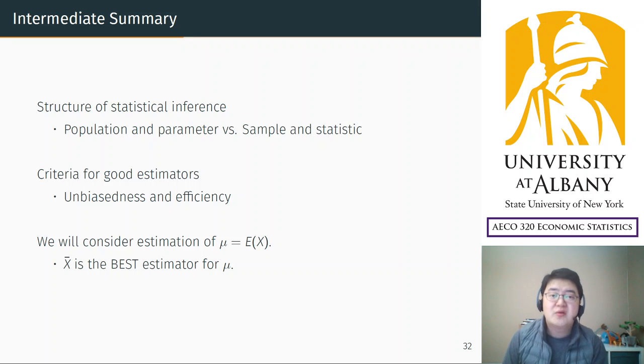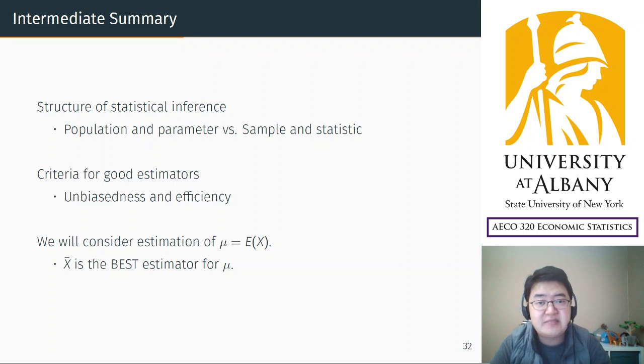So we are going to restrict our focus to estimation of the mean. And one simple result was that the sample average is the best estimator for the population mean. So when you are curious about the mean, use the sample mean. That's what we learned on Tuesday.